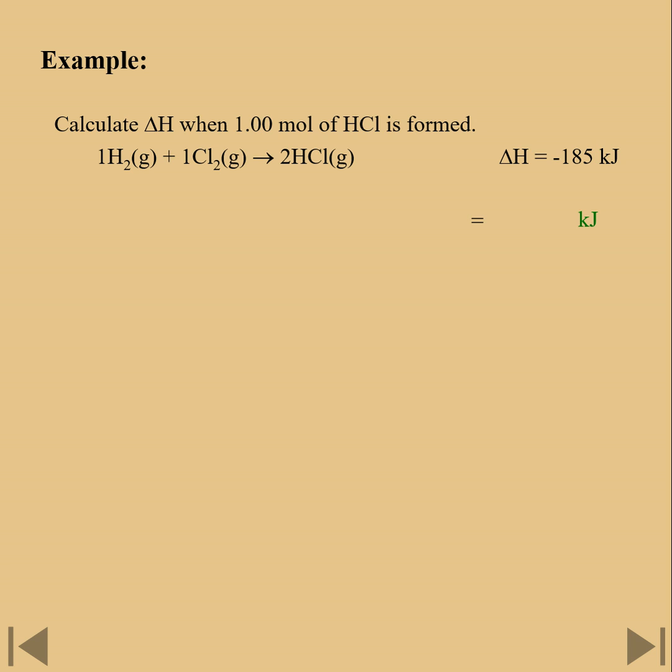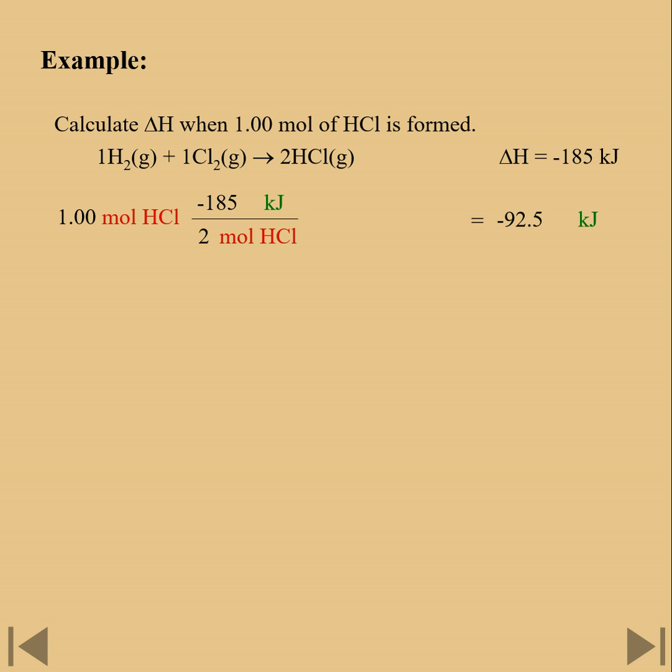Step 2, we're looking for a number with a single unit to start with. I hope you recognize that's going to be the 1 mole. Then, step 3, out of moles of HCl, and now can we go straight from moles of HCl to kilojoules of energy? And yes, we sure can. That's negative 185 kilojoules per 2 moles of HCl. And hence just 1 mole would be half of that at negative 92.5 kilojoules.